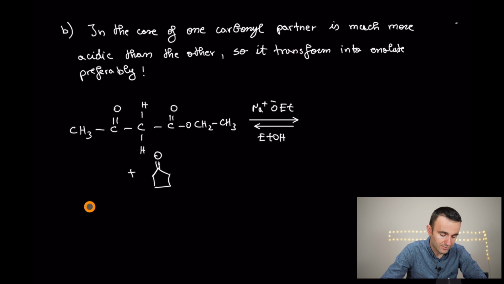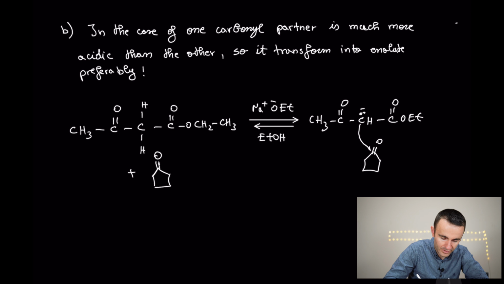And these are going to be converted far ahead compared to this one into the enolate. So you're going to have the enolate here. Et, I'm writing this because it's an ethyl group, right? And it's going to react with this carbon here, right?